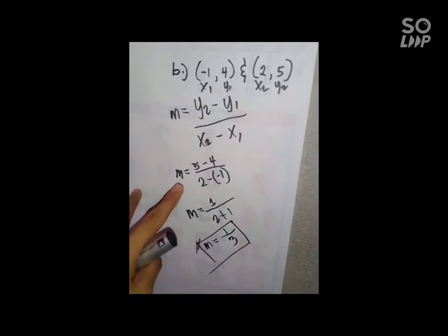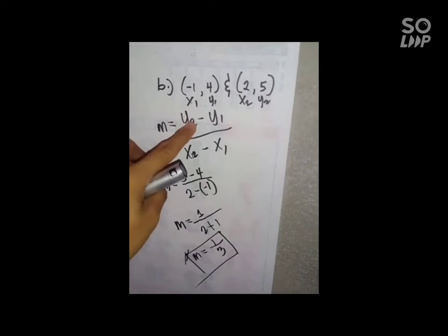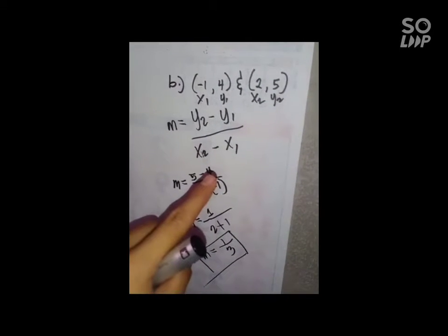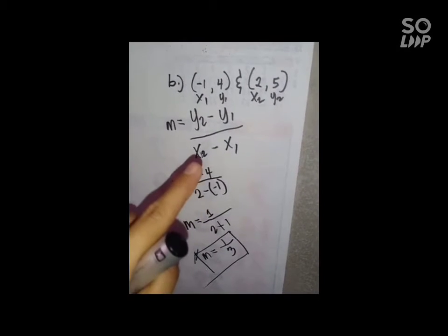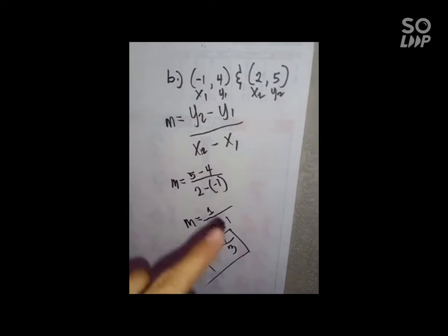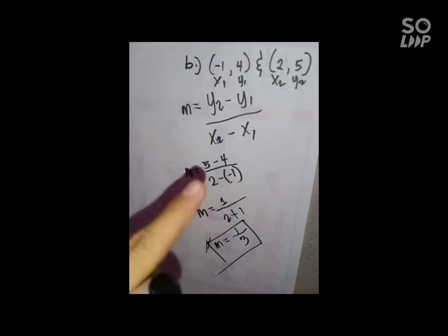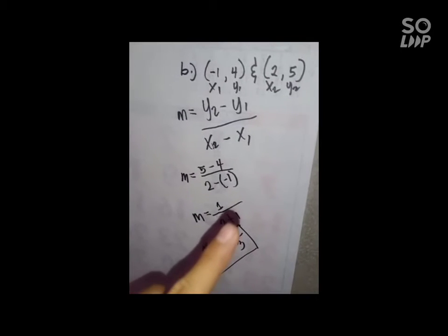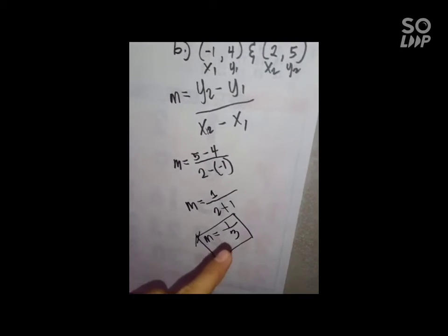We simplify the given. m is equal to, our y2 is 5, minus our y1 which is 4, over x2 which is 2, minus x1 which is negative 1. So m is equal to 5 minus 4, 1, over 2, negative times negative equals positive, so 2 plus 1 equals 3. So our answer is m is equal to 1/3.